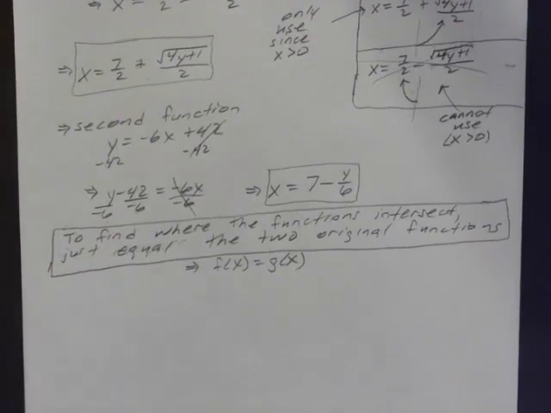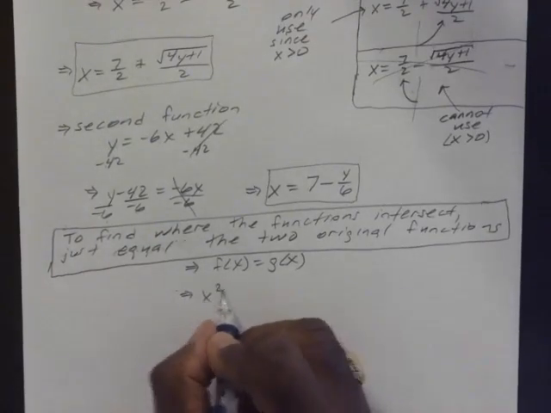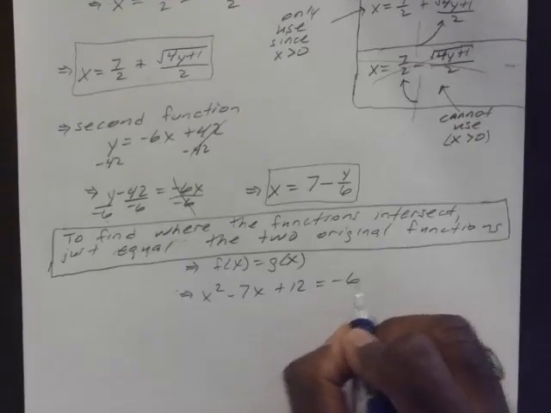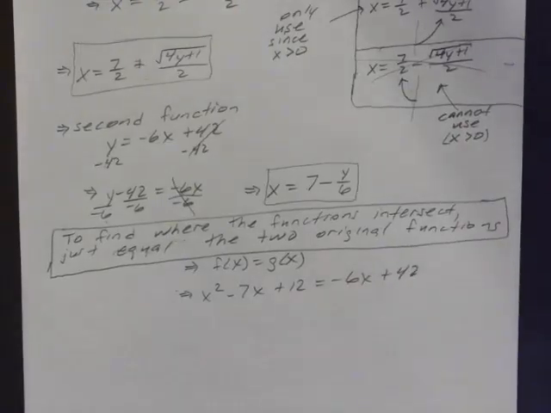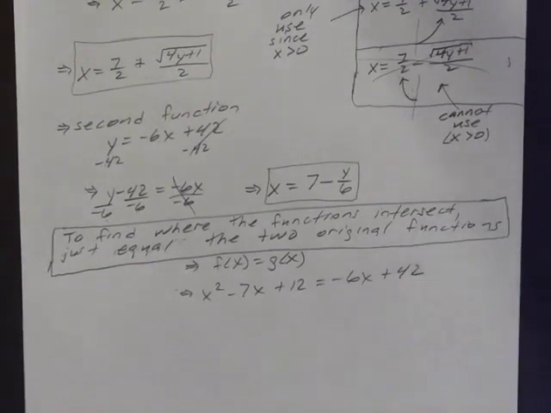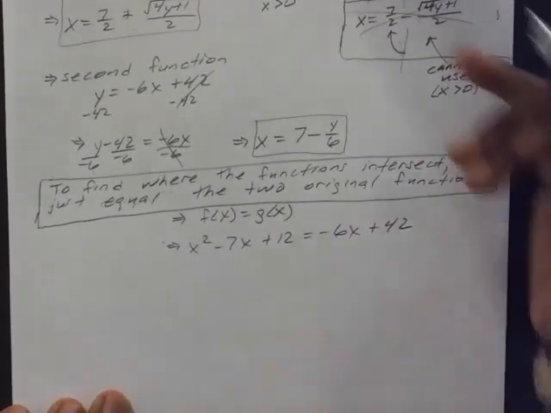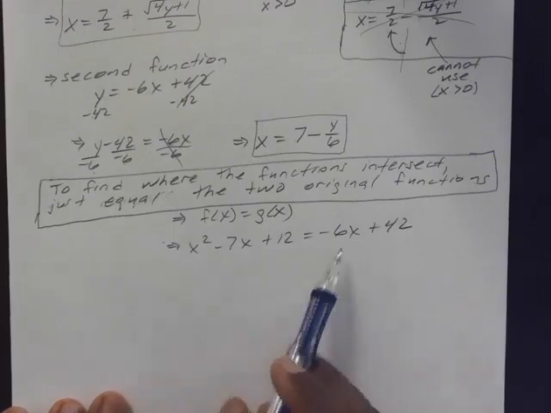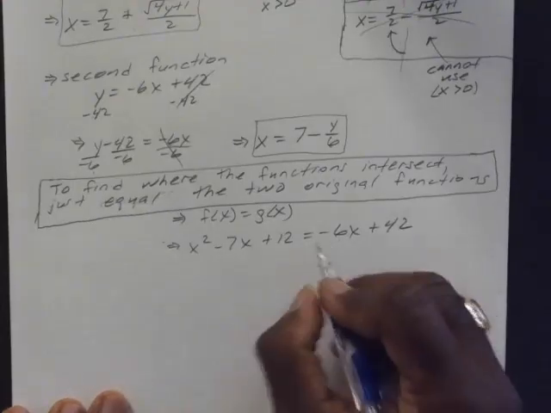So f of x is x squared minus 7x plus 12 is equal to negative 6x plus 42. So we got to make this equal 0.